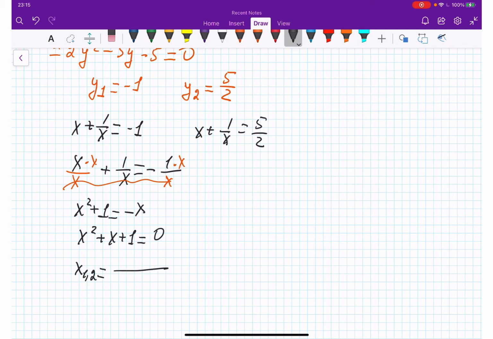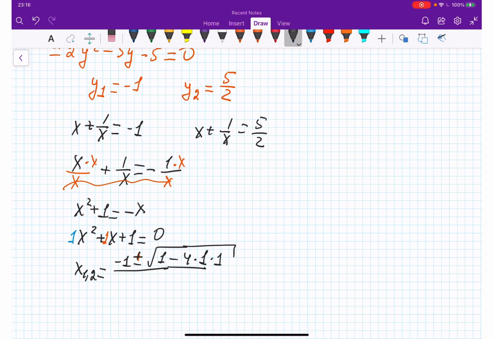Let's see. My b is negative 1, right? This is my b, and I have to use negative b. So negative 1 plus or minus the square root of b squared, which is going to be 1, minus 4 times a, which is 1 also, times c, another 1.